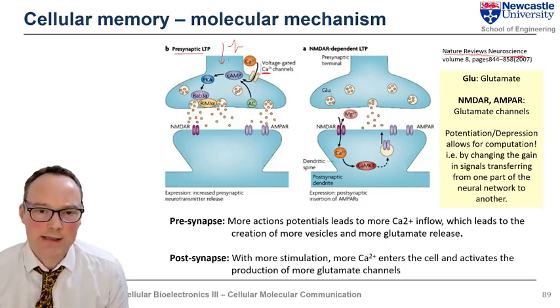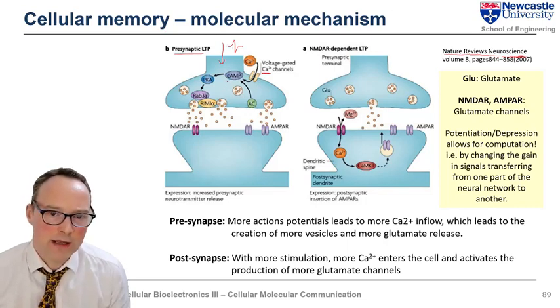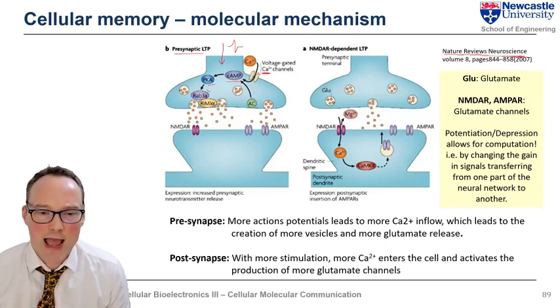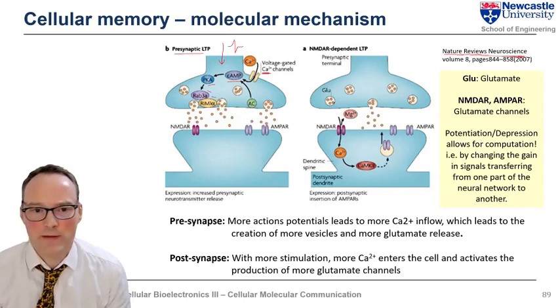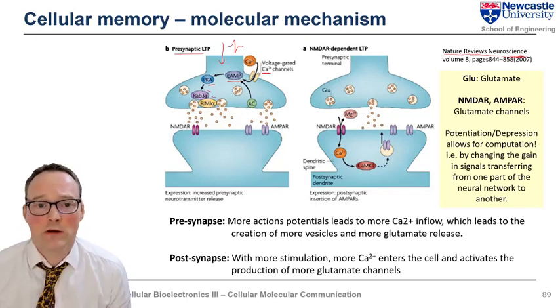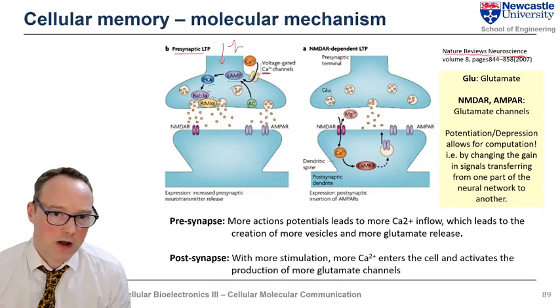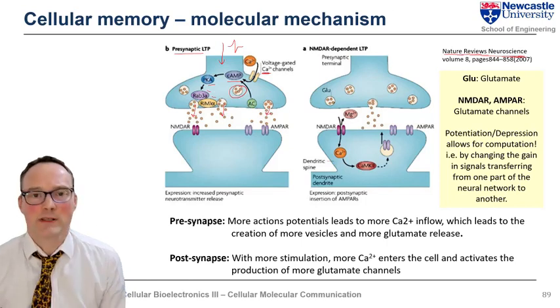What the calcium does once it enters the cell is it starts to activate a chain reaction of chemistry, and that chain reaction increases the number of vesicles that are created and eventually get released to the postsynapse.